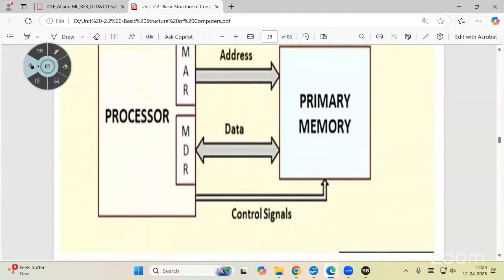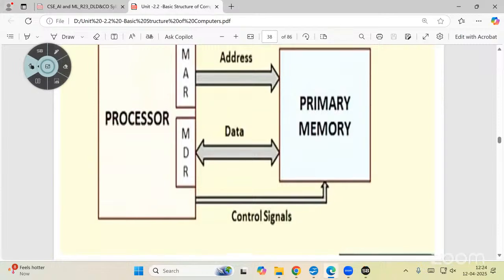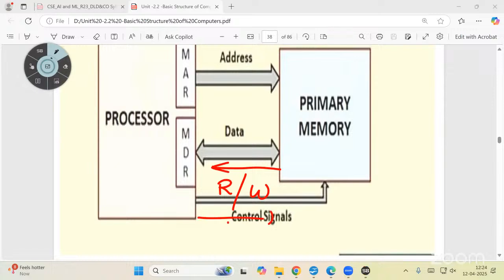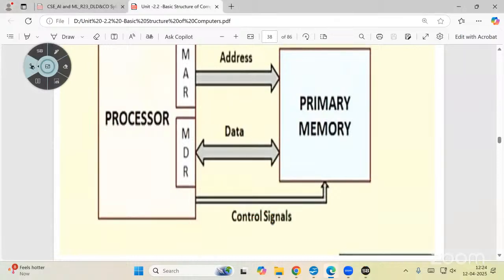This control signal will give the read operation or the write operation, read in this direction, write operation in this direction. So the processor is issuing the control signal for a reading operation or a writing operation.